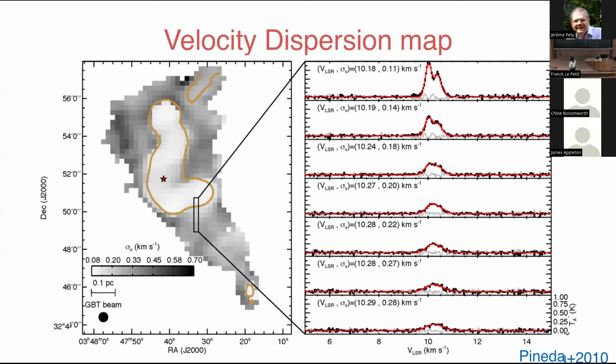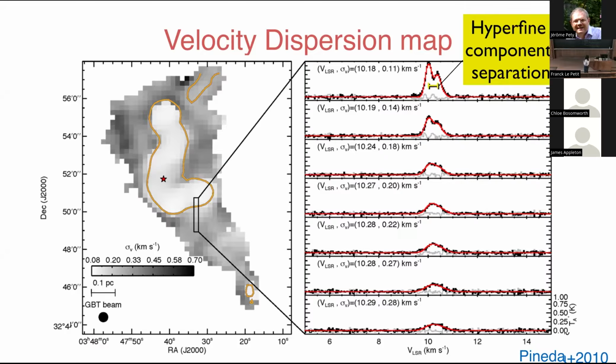If we go across this cut, I can show you a zoom into the main hyperfine component, and you can see that when you are in the core, in the white part, you can see these two features that are not two components. Those are actually the hyperfine components of the line. If you have low enough turbulence, you can see the hyperfine components, and if you don't have low enough turbulence, then you start to fill in the gap, and the line brightness decreases.